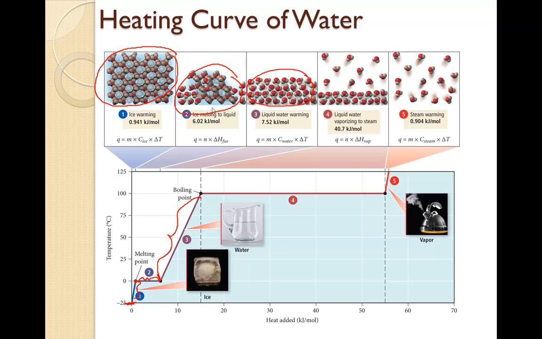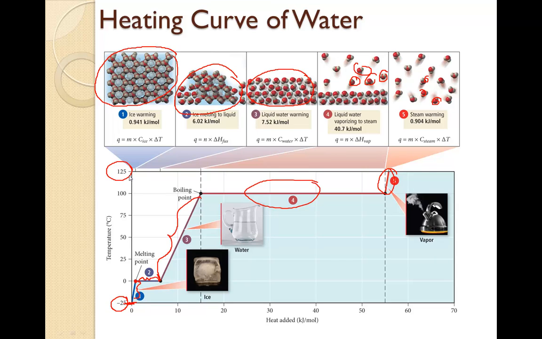And then once again it will level off into stage 4, where the molecules start to escape. This is when it's boiling. The molecules are going from a liquid to a gas. And once all of them are in the gas phase, the molecules will start moving faster and faster as they get warmer and warmer. This is taking the temperature of water, H2O, from -25 up to 125.